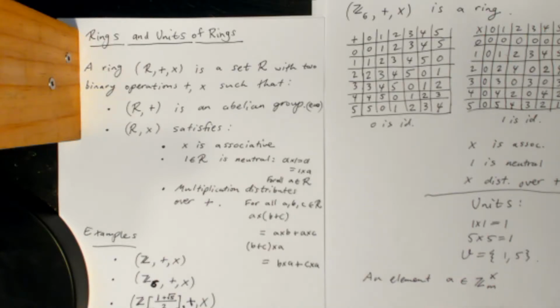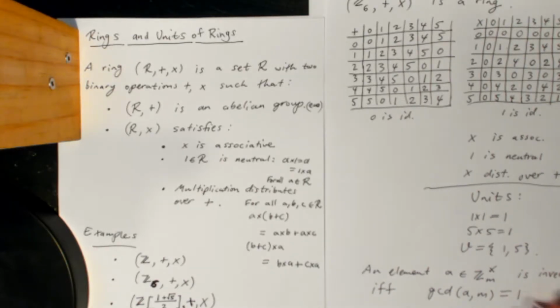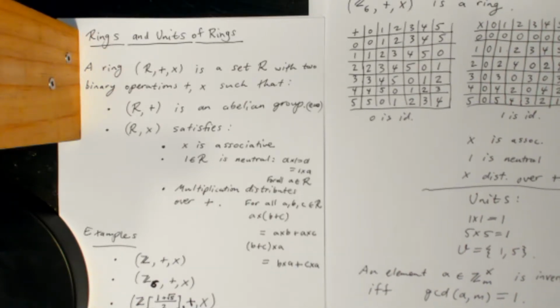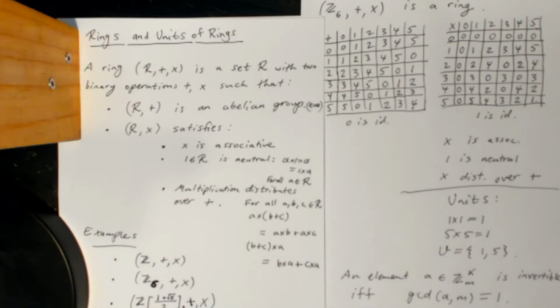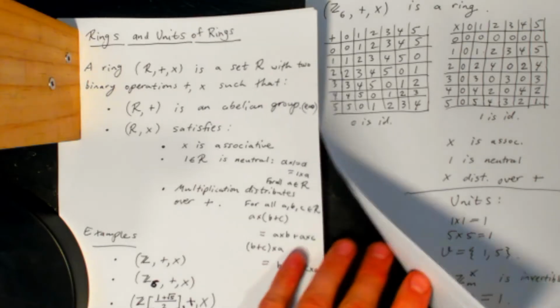Okay, I mean just the structure with multiplication. So A is invertible if and only if the GCD of A and M, meaning the greatest common divisor of A and M, is equal to 1. Okay, so this is a well-known fact about systems of remainders modulo M.